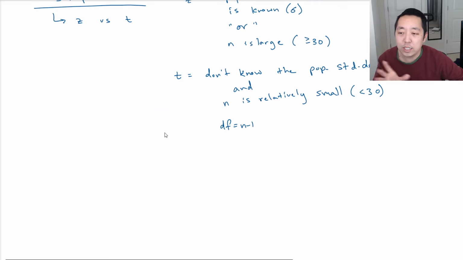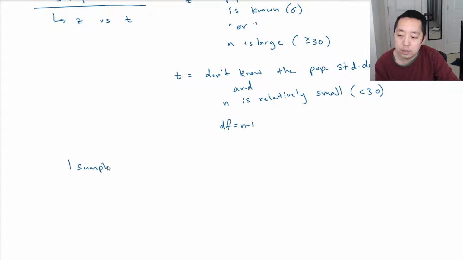Okay, let's look at the conditions. If I'm going to do a one sample mean with a Z distribution, there are usually 3 conditions that you typically have to obey when you're doing these tests.